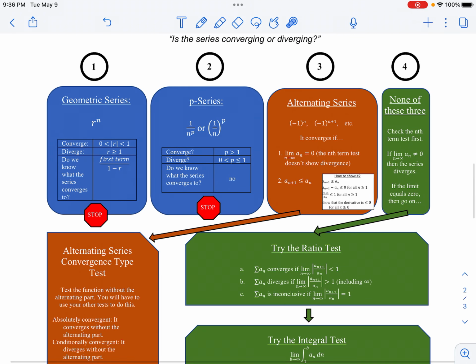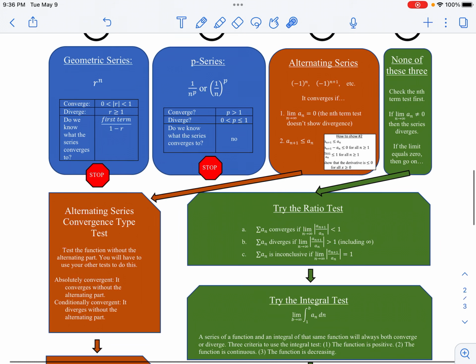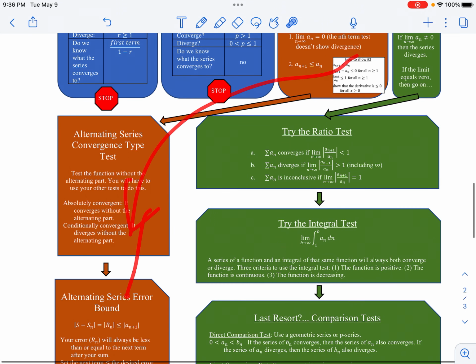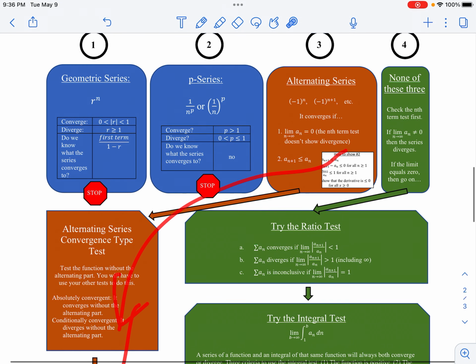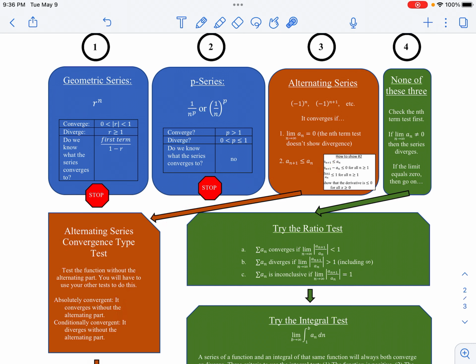There is a series that we'll see in a few lessons called an alternating series. An alternating series is very special, and it's pretty easy to spot, but it has all kinds of other stuff that comes along with it. So we're not ready to jump into that. Later, once you get more series under your belt, you'll be able to recognize geometric, p-series and alternating series.